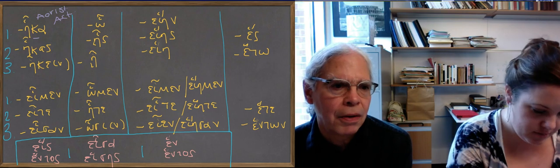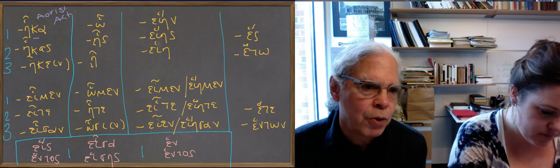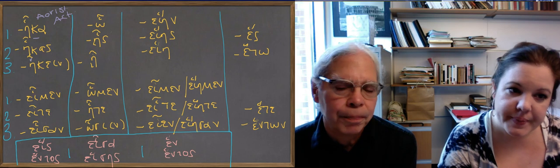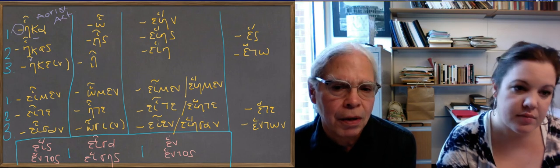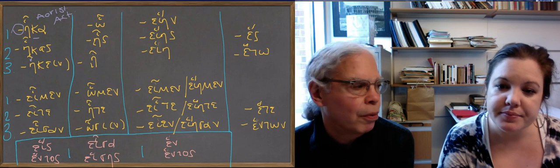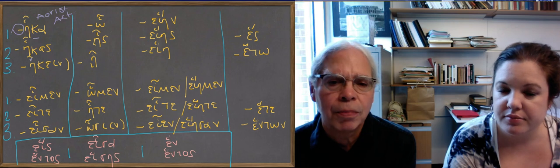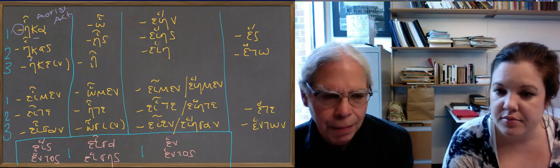Heka, hekas, heke. Notice these forms, I've talked about this before, have a dash in front of them because this verb in general is weakly attested as a simple verb. Most of the time it occurs as a compound. So ap-ཌήμι, which comes out as aph-ཌήμι, ep-ཌήμι.